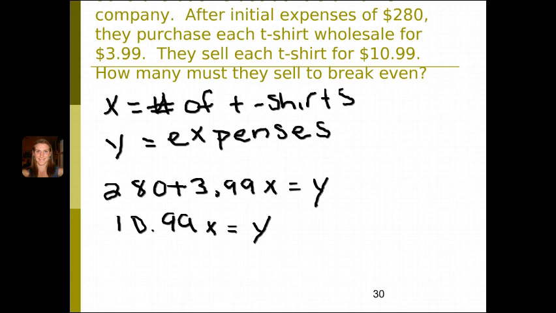Once you solve this system, whether you use elimination, substitution, graphing, or the calculator, you will get that X is equal to 40 and Y is equal to 439.60. Your answer to break even is 40 t-shirts, since that's what X represents.